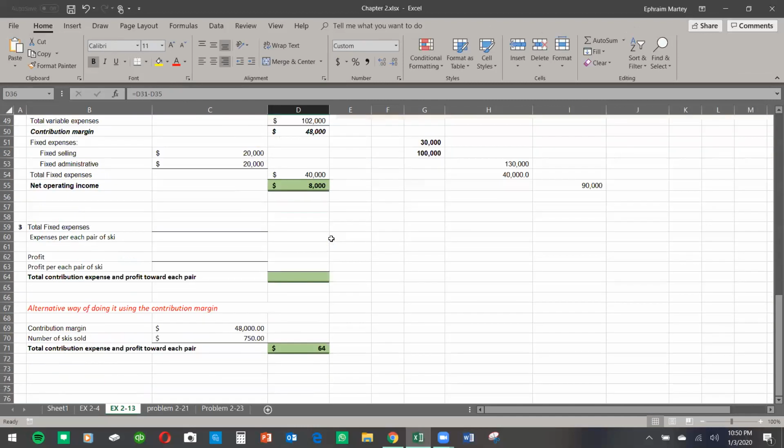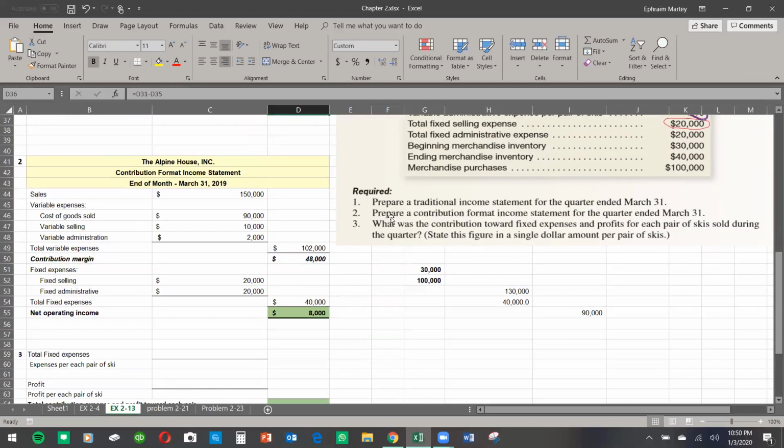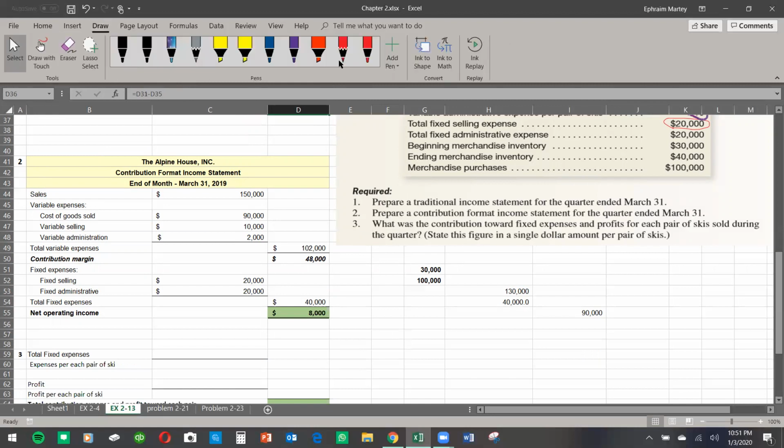Okay. Now, we have computed the first one and the second one. Now, number 3, it says, what was the contribution toward fixed expenses and profits for each pair of skis sold?